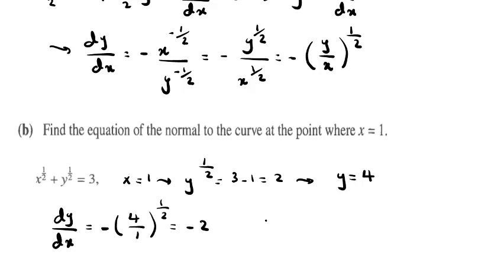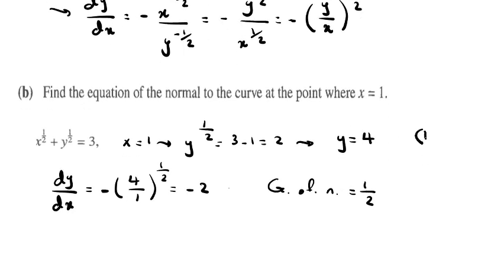Now the gradient of the normal will be such that this times this must be negative 1. It will be 1 over 2. And we have one point on that. The point is what? 1, 4. And the gradient is this.